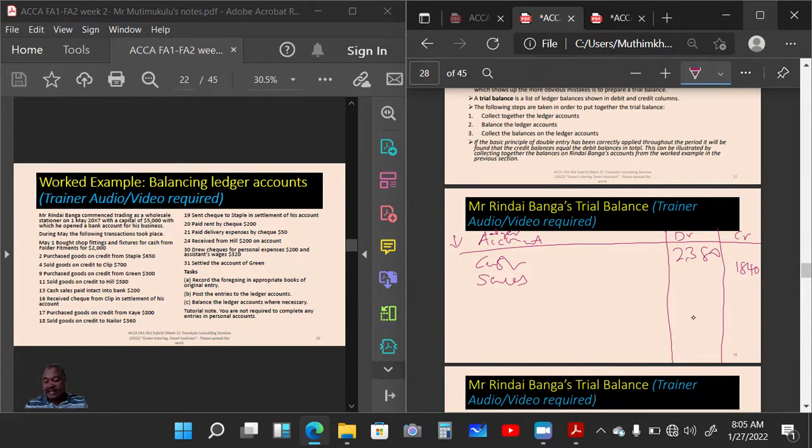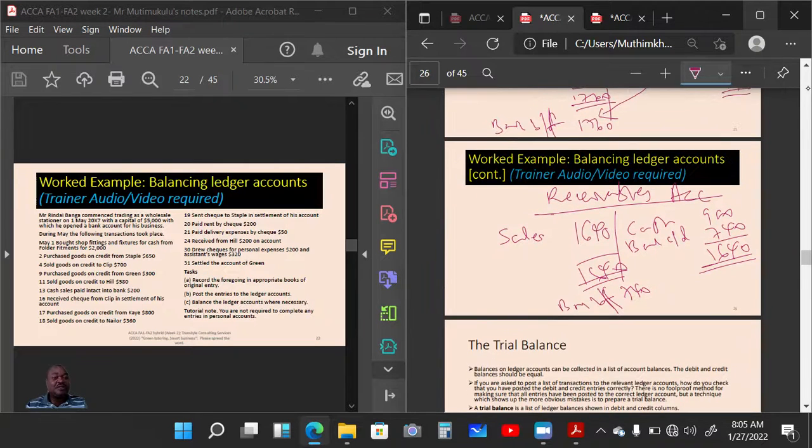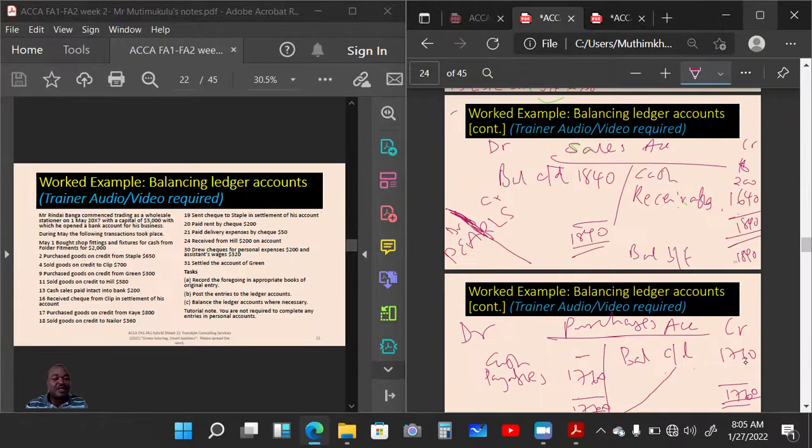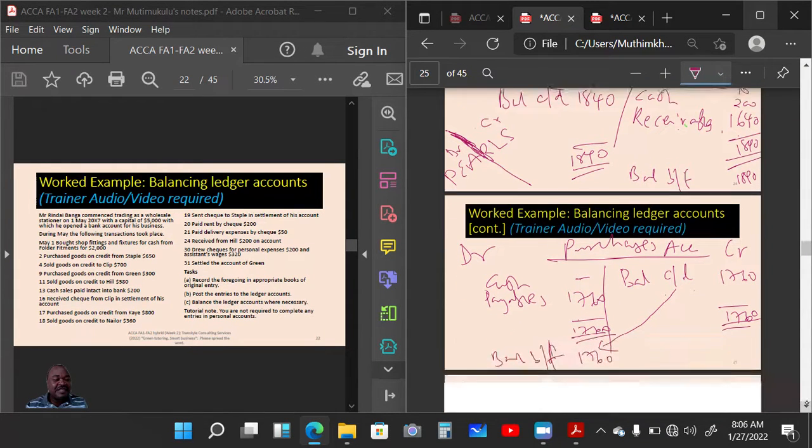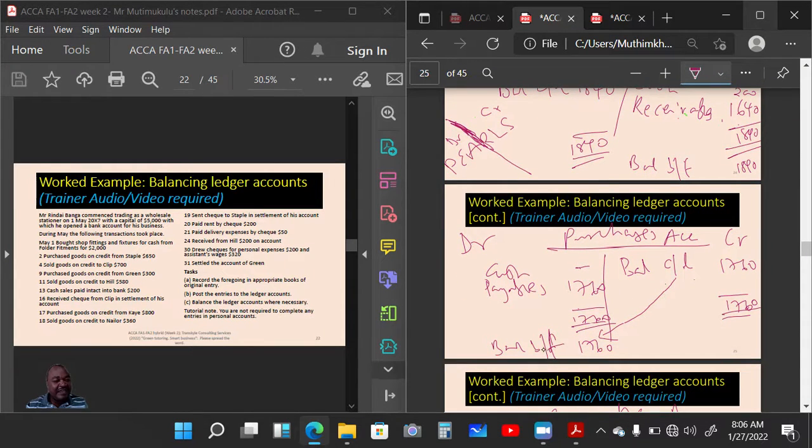Okay, then we have got purchases. Purchases, are they debit or credit? Obviously they are debit from our PO's acronym, but let us verify for sure. You can see that the purchases account is showing a debit balance.